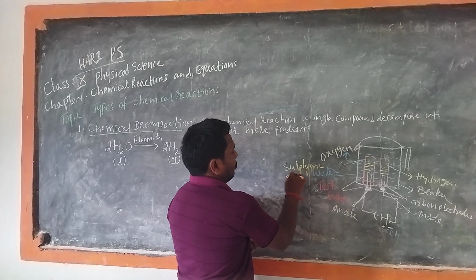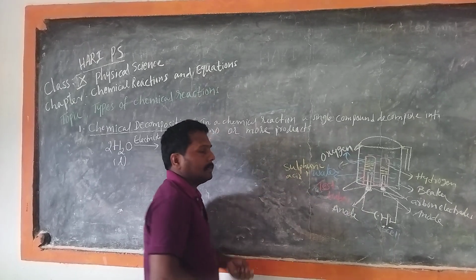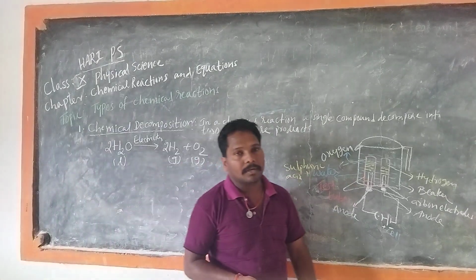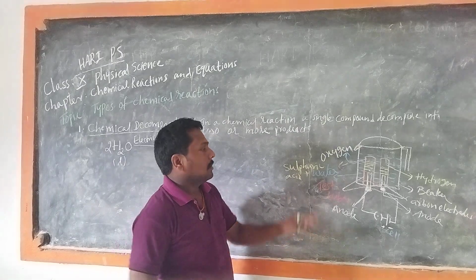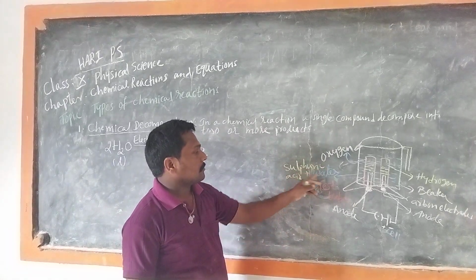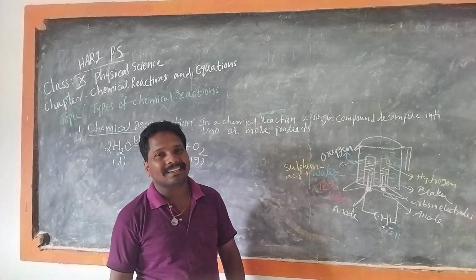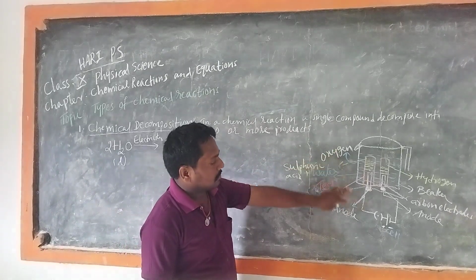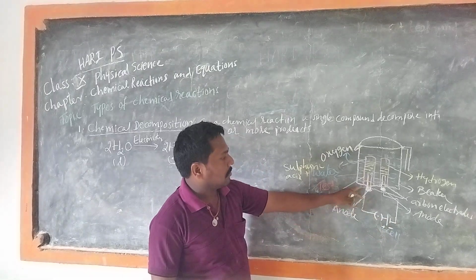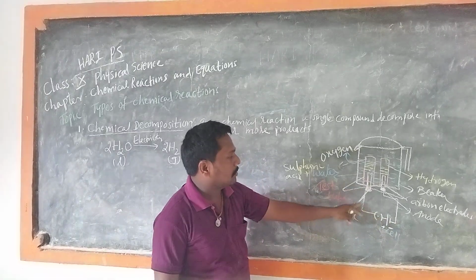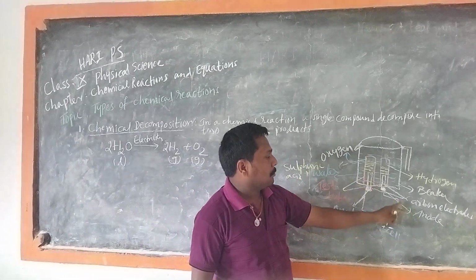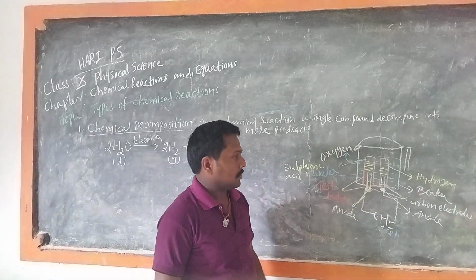As you know, water is a good conductor, but to increase the conductivity of water, we add sulfuric acid. Then give the connection to the battery: one from the positive terminal to one electrode and one from the negative terminal to the other electrode.